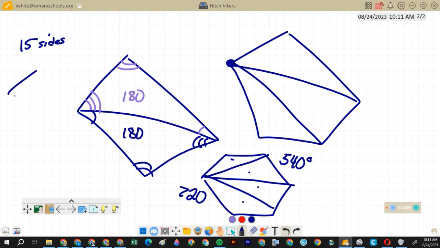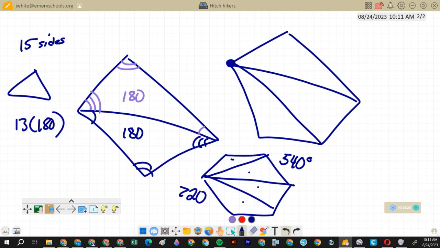Well, a 3-sided shape has 1 triangle. A 4-sided shape has 2 triangles. A 5-sided shape has 3 triangles. So the number of triangles is always 2 fewer than the number of sides. So a 15-gon would have 13 triangles, so the angle sum would be 13 times 180.